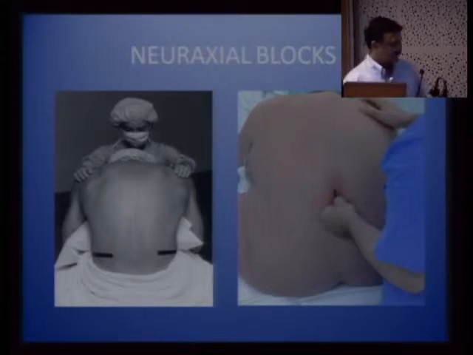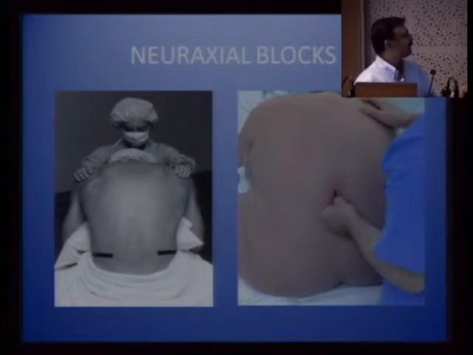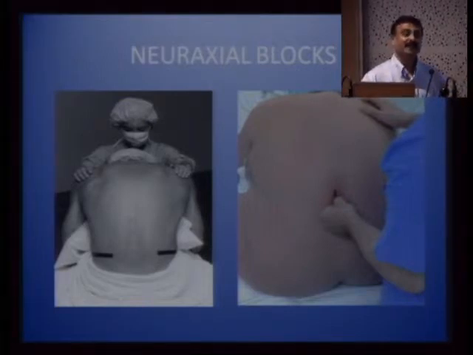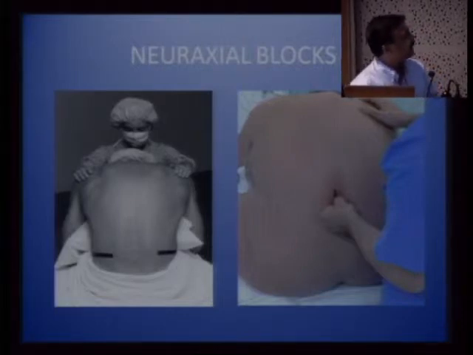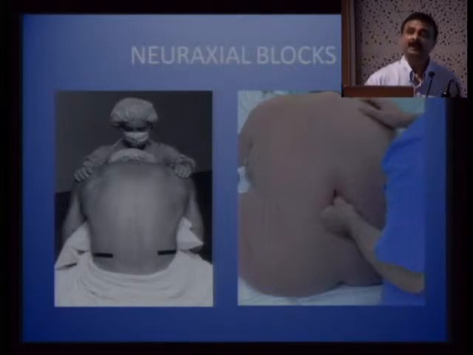On the left here, you have the dream spine. You can see the lumbar spaces and the spinous processes staring out at you and asking you to actually put in a needle. And on the right is actually the nightmare spine.